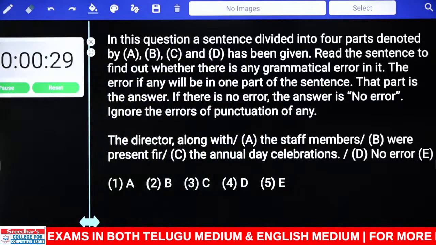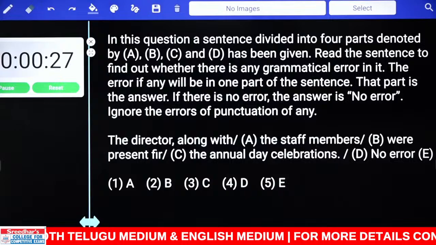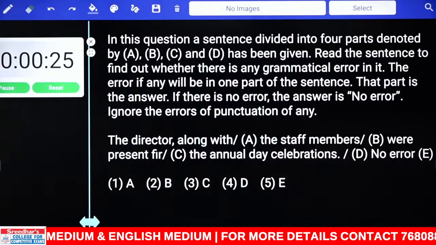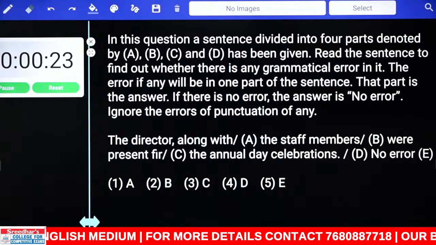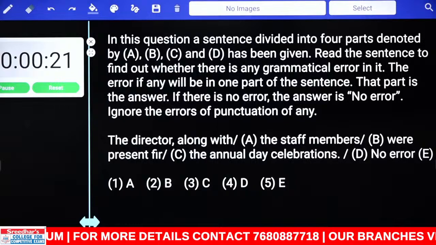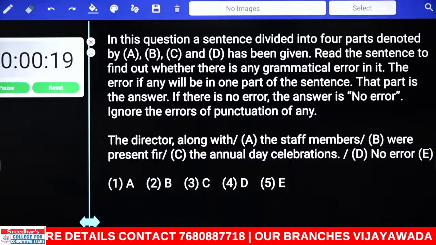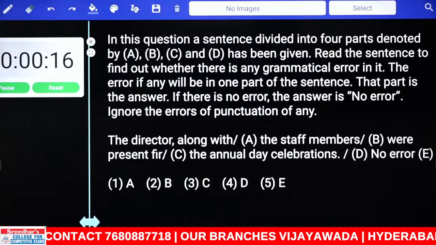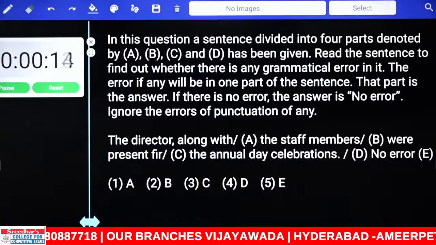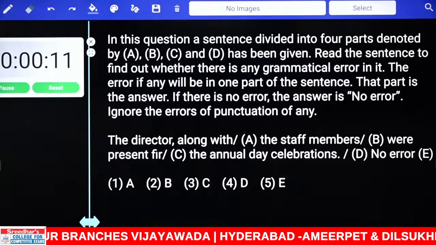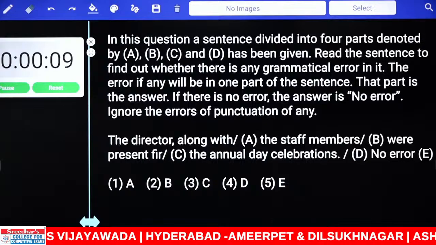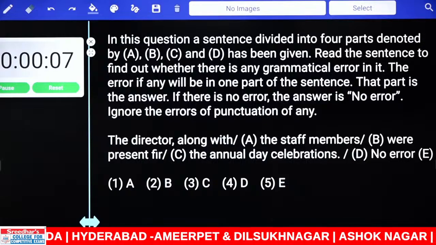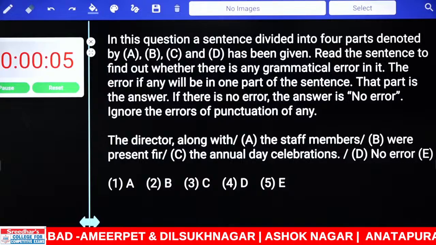Start your answer. Please make sure that you check the sentence properly before you answer.